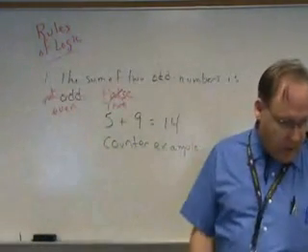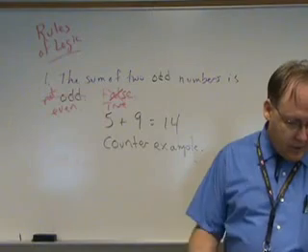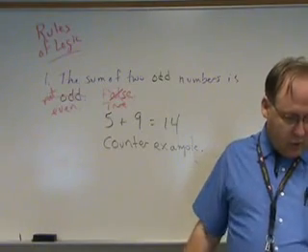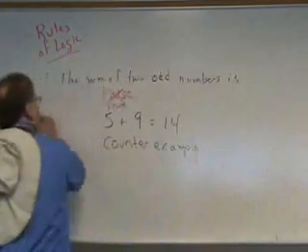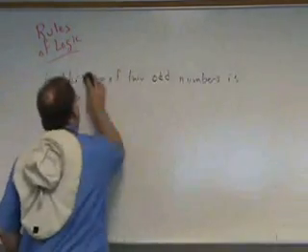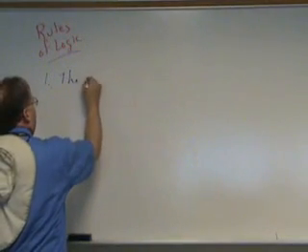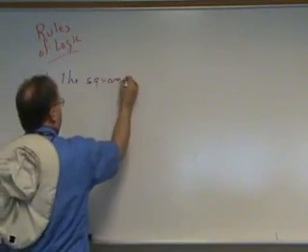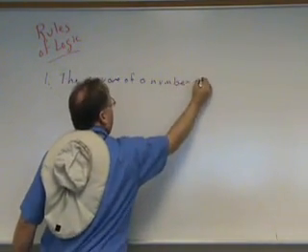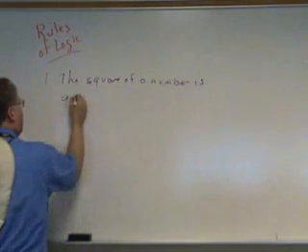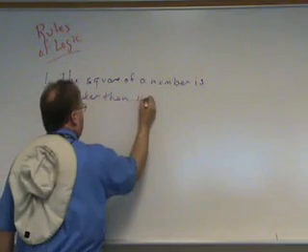Well, how about part C? It says the square of a number is greater than 10.